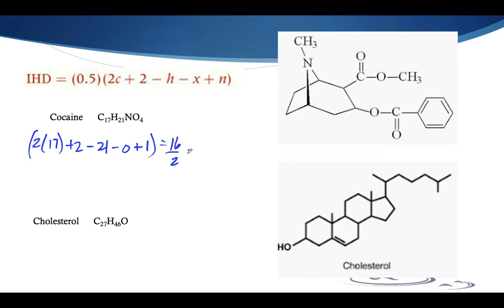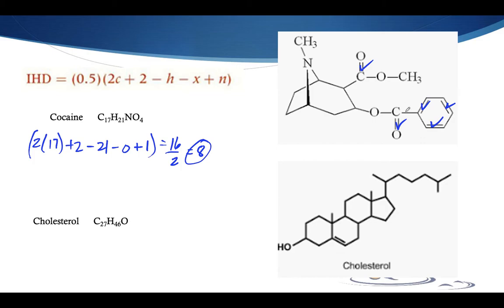So 16 divided by 2 is 8. We should be able to find 8 degrees of unsaturation in this. So what are we looking for? Pi bonds and rings, right? Let's find the pi bonds first. They're always easiest, it seems like. Here's 1 pi bond. There's another pi bond. Here's 3 pi bonds, right? So I've got 5 pi bonds in here so far.